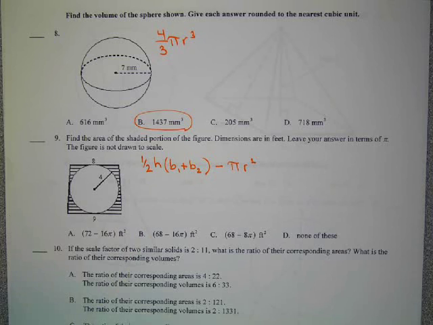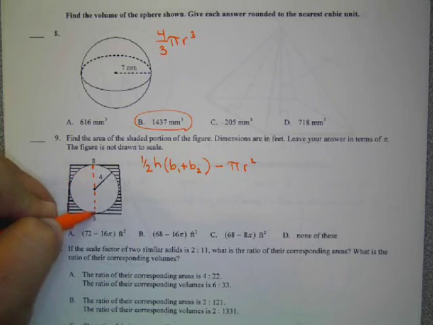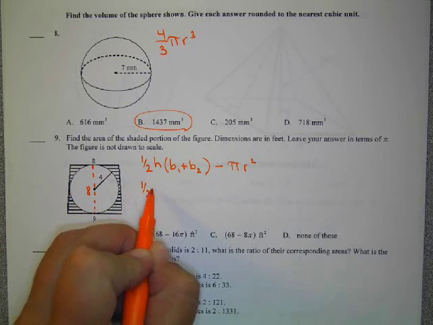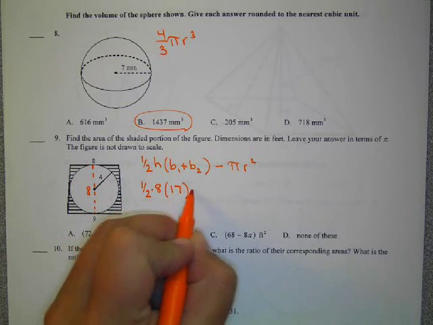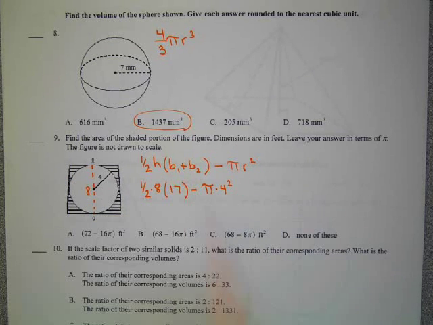So what we do need is the height of the trapezoid. If I go this way for the height, the radius is 4, so the height of my trapezoid is 8. So 1/2 times 8 times 8 plus 9, which is 17, minus pi times 4 squared.